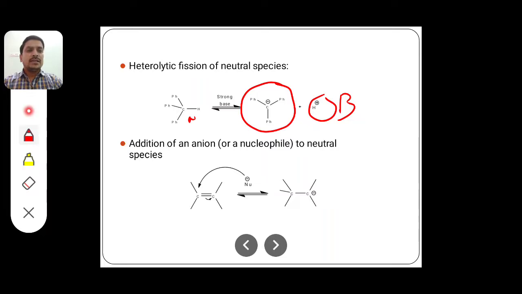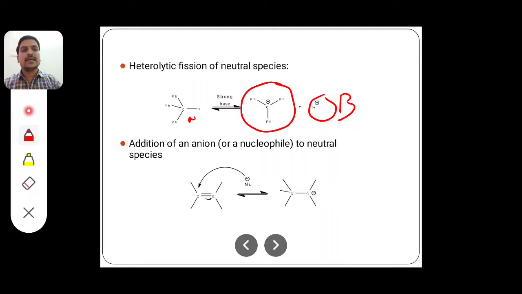The next method of formation of carbanion is addition of an anion across a carbon multiple bond, or maybe any neutral species. If a negatively charged species is added to a neutral species, then carbanion can be generated. For example, given here, an alkene with a carbon double bond is there, and an attack of a nucleophile is shown.